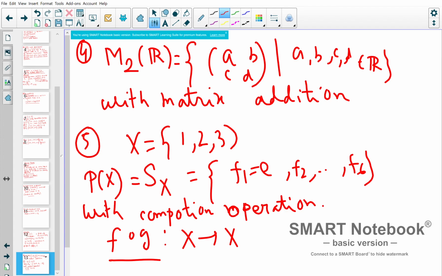So you have the operation composition, which is a map from S_X cross S_X to S_X, and it satisfies all the properties. It has identity and inverse. You check it; this is homework. You check that this forms a group. These are all basic things, so that's why I am going fast.